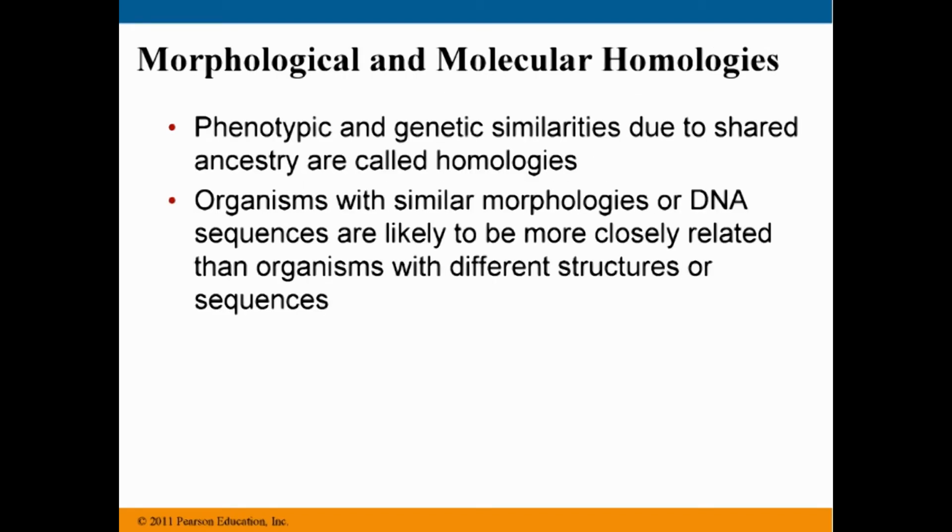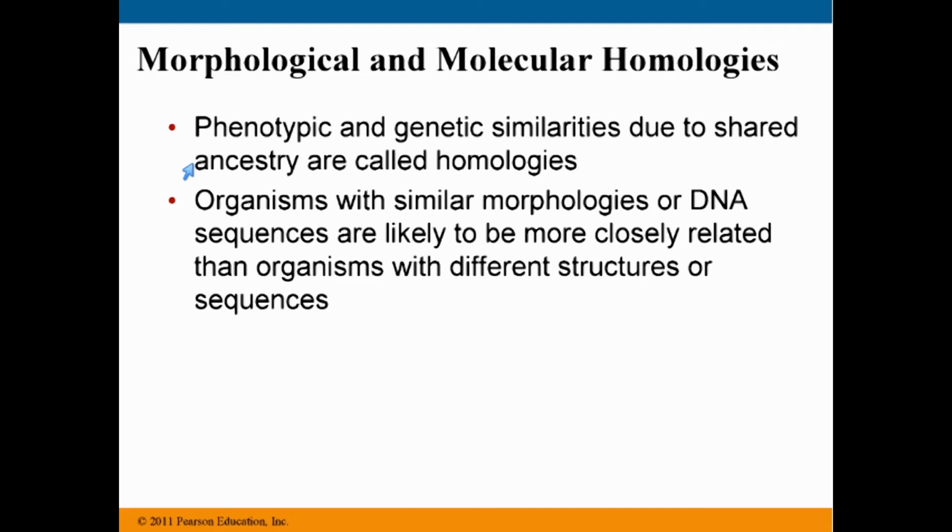We can use what we call molecular and morphological homologies. So we've defined homologies already in class. You guys know that a homology is similarities due to shared ancestry. So when you look at morphological and molecular homologies, you're looking at specifically the phenotypic and genotypic similarities due to the shared ancestry.